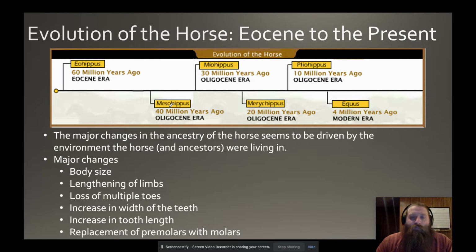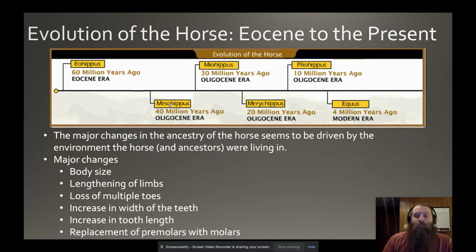And things that we've seen in the fossil record include the body size has changed. It's gotten bigger. The limbs have gotten longer. Eohippus actually had multiple toes, where modern horses only have the one. The width of the teeth has changed. All right. The tooth length has gotten longer. And the loss of premolars and the replacement of those premolars with molars are all things that we see in the fossil record.